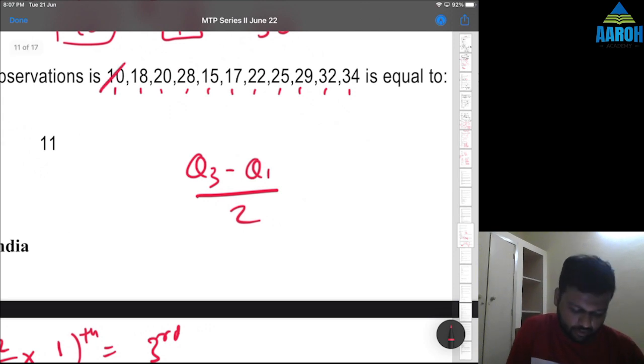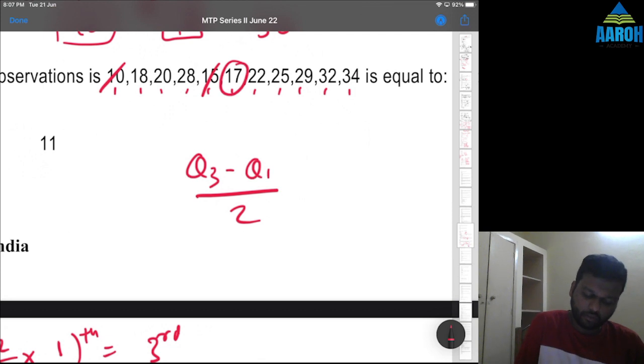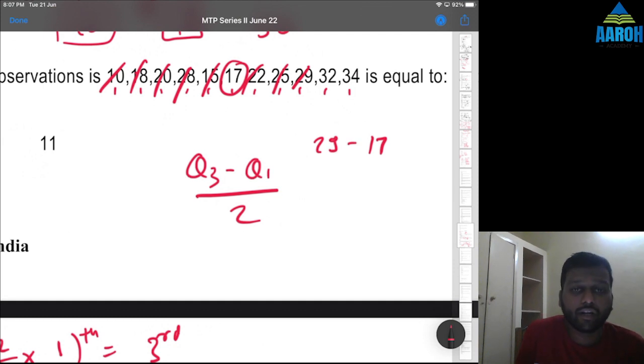1 lowest, 2, 3. So Q1 is 17. I hope I don't go wrong anywhere. 4, 5, 6, 7, 8, 9. So 29 is the Q3, third quartile.